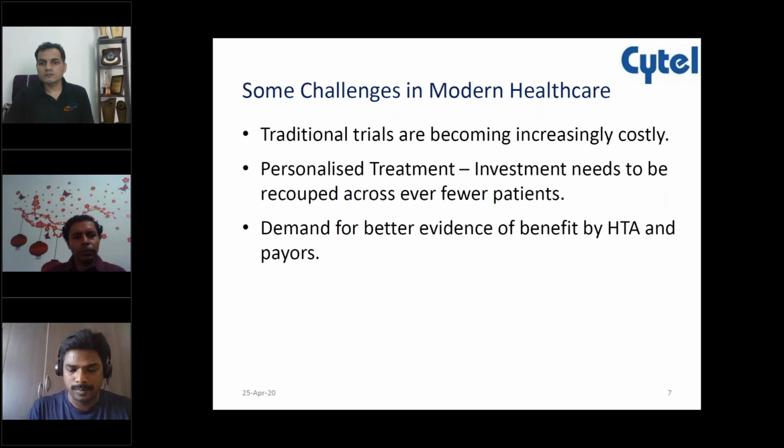Also, health technology assessors are demanding better evidence of the efficiency for evaluating the broader aspects such as the social, ethical, and legal aspects of health technologies. So RWE can help address these challenges, and that is why it is gaining interest in recent years. Let's see some examples of potential uses of real-world evidence.